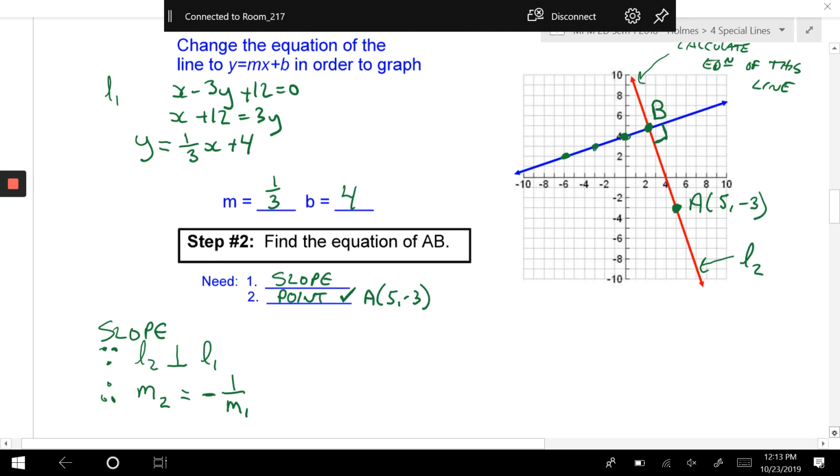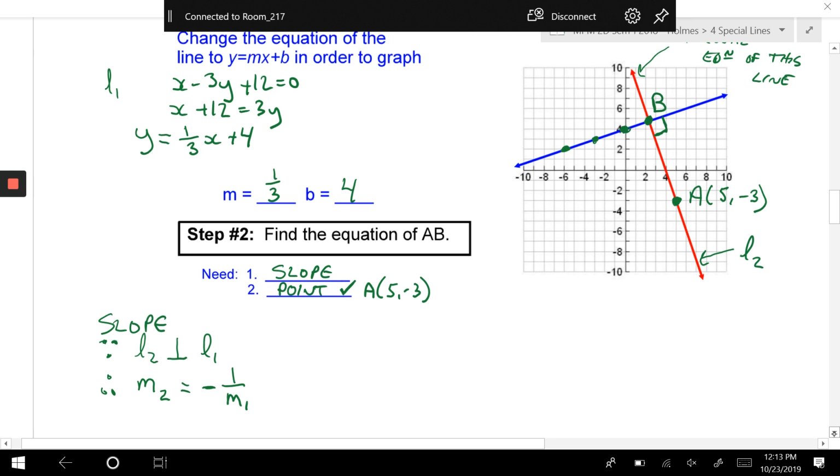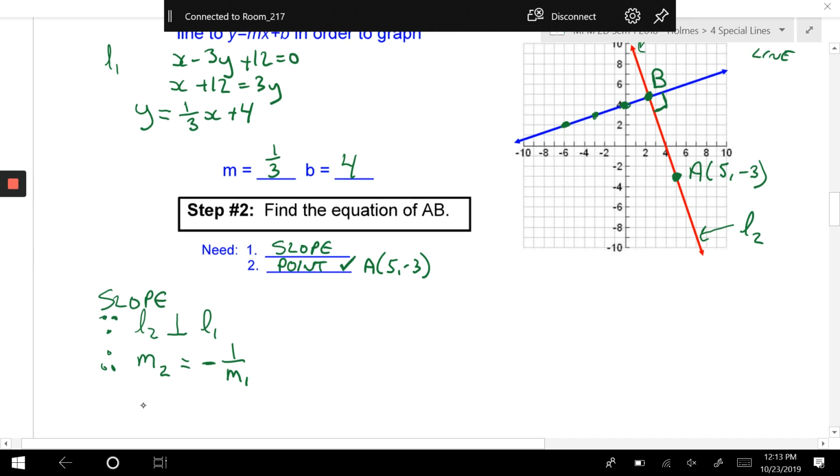Nate, what's my slope of line 1? It's 1 over 3, so my negative reciprocal becomes negative 3, or negative 3 over 1.